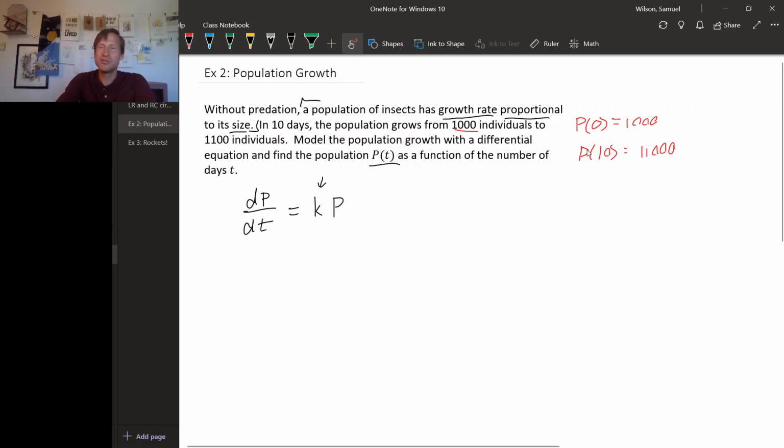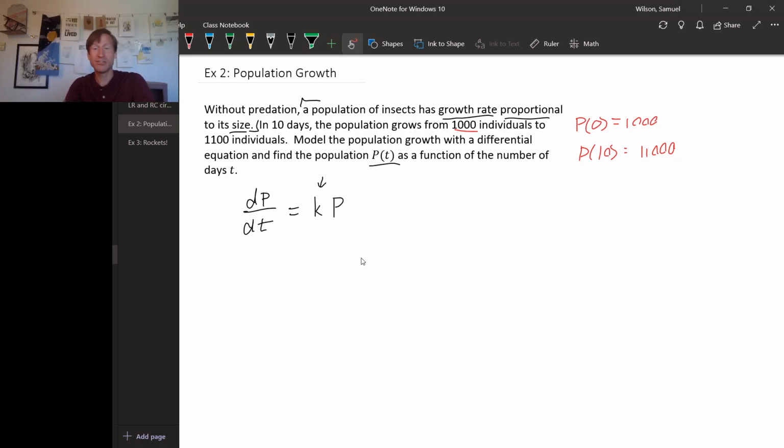So since we have these 2 extra data points, this should be enough information to find 2 unknown constants. One of them is going to be the constant of integration that we get when we solve this differential equation, but the other hopefully will be this k. So we should be able to solve for k.